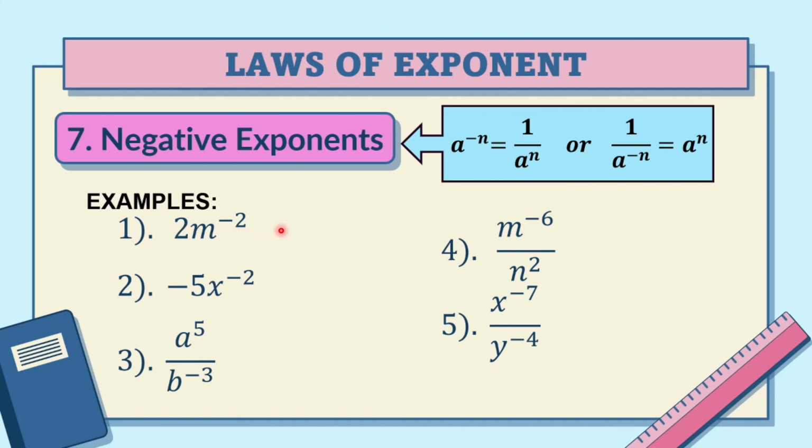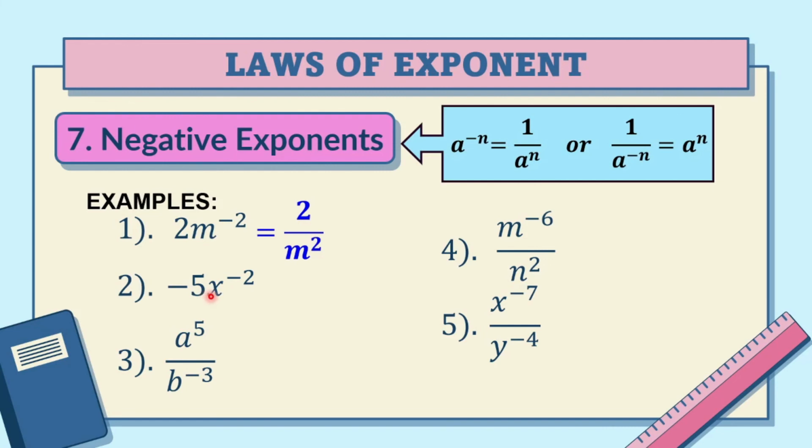So, ang mangyayari, iiwan si 2 as numerator and our m raised to negative 2, that is pupunta sa denominator. Pero magbabago na yung sign ng ating exponent at magiging positive na siya. So, ganun lang kadali.